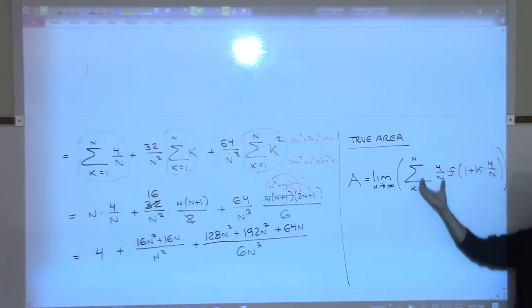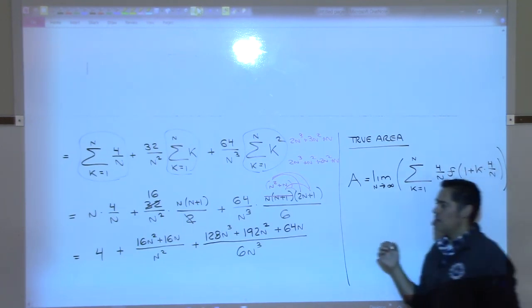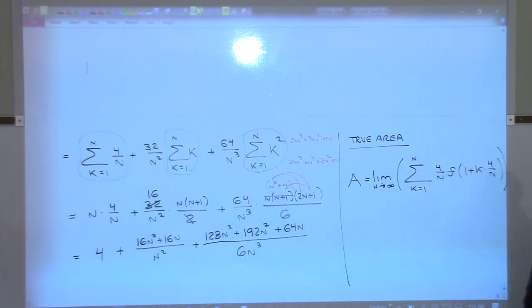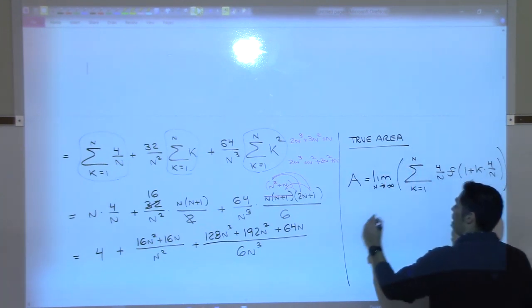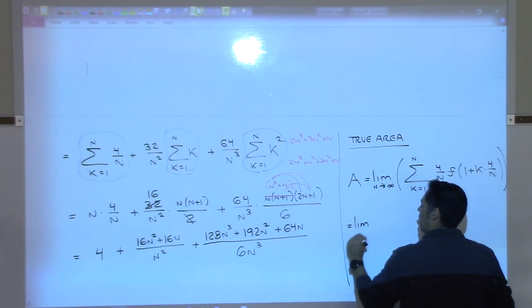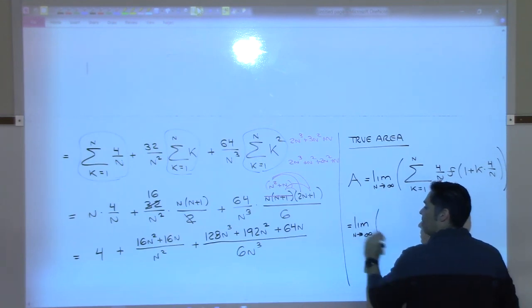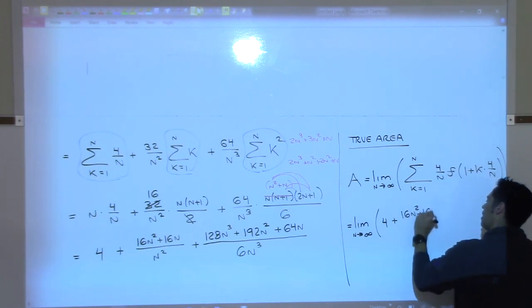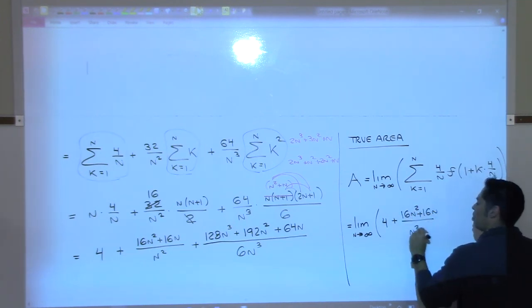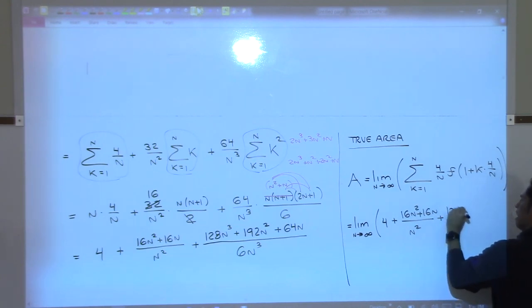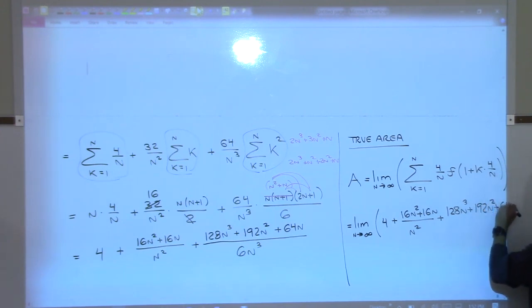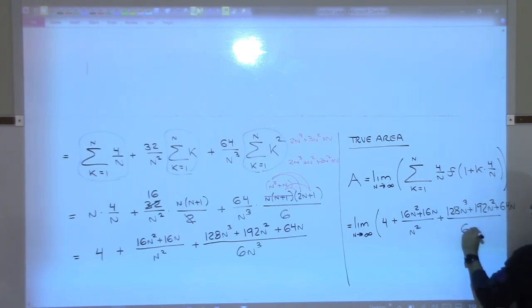So we figure out what all this is algebraically, and that's this expression, then we let n go to infinity. Y'all ready? We're going to do it right now. So for this particular problem, this should be equal to the limit as n goes to infinity of that expression: 4 plus 16n squared plus 16n over n squared plus 128n cubed plus 192n squared plus 64n all over 6n cubed.